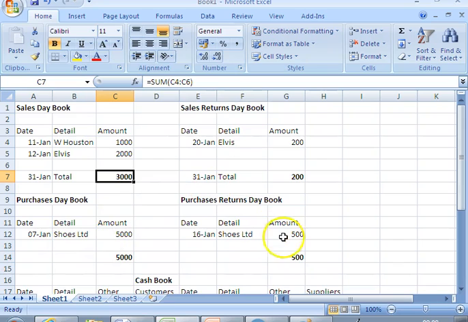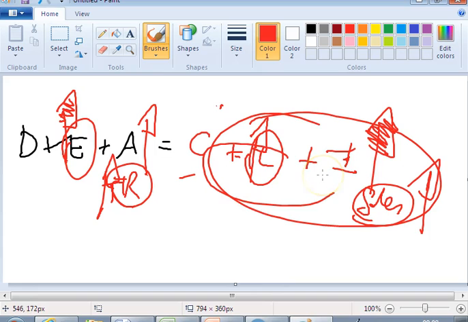Okay. The next one is let's look at the sales returns daybook. We have 200 pounds worth of goods returned to us, right? So really what's happened here? If these goods were returned to us, technically what we're saying is we're not owed as much. Trade receivables has come down because they've returned goods to us. When we sold to them, we debited this and credited sales, right?